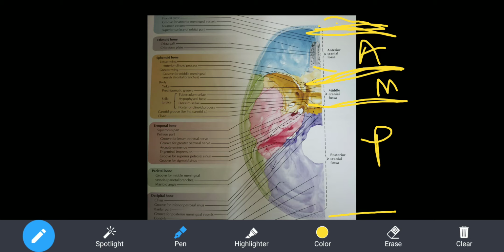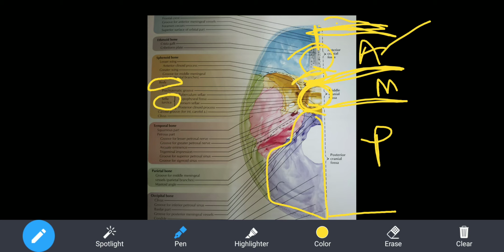The anterior cranial fossa comprises the frontal bone, ethmoid bone, and some part of the sphenoid bone. The middle cranial fossa is about the sphenoid bone, especially the sella turcica part and the body of the sphenoid bone. And the posterior fossa is all about the occipital bone, what you can see here.